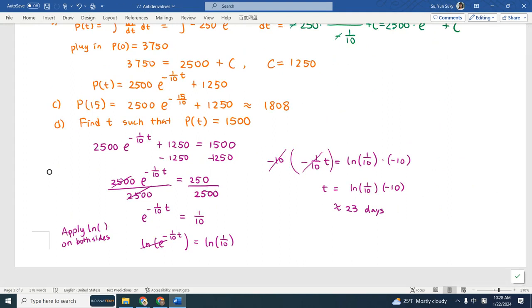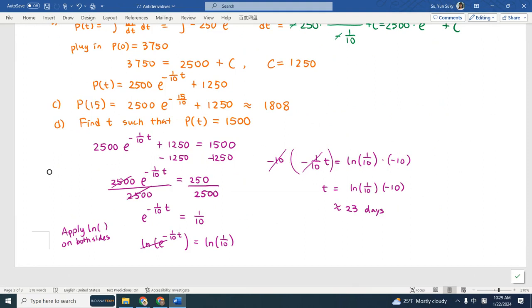Then you can ask in two directions. If you know the time, then you can find the population. Or if you know the population, you can find the time. Knowing the time to find the population, you just plug in and evaluate. But knowing the population, find the time, it involves solving equations of exponential function.